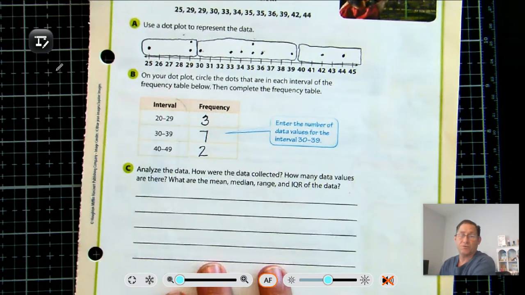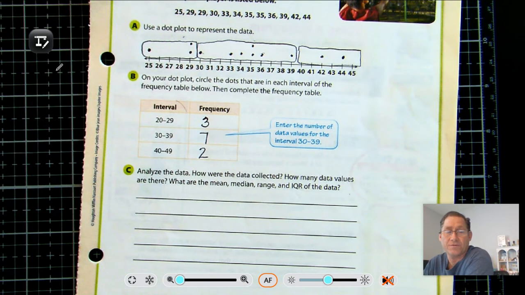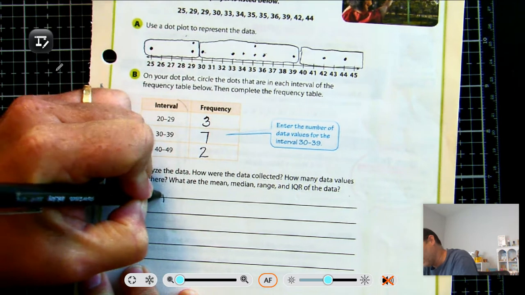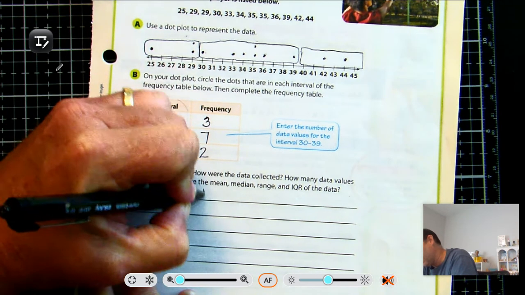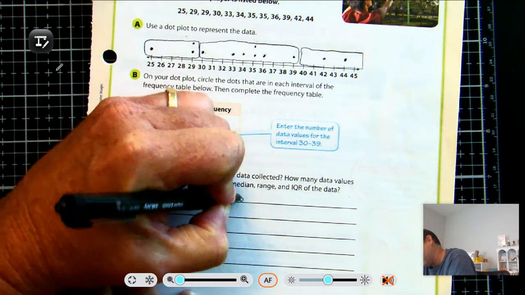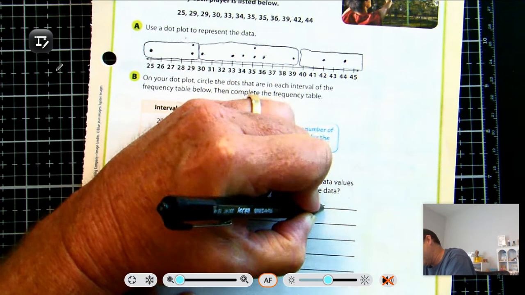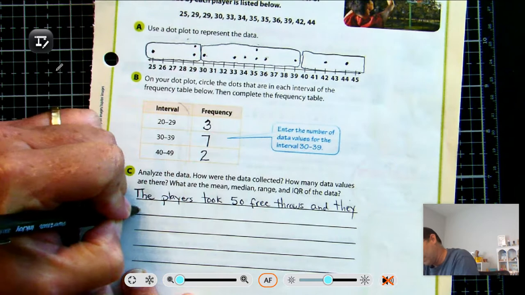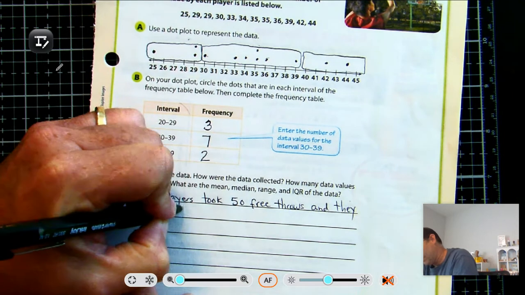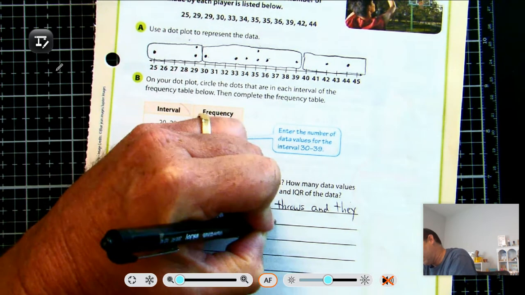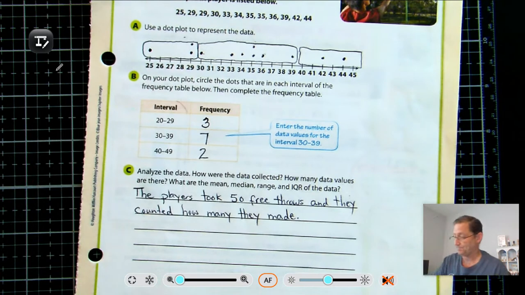All right, so now let's use this data plot and the frequency table to analyze the data. How were the data collected? Well, the players took free throws, right? And they counted how many they made. Okay.